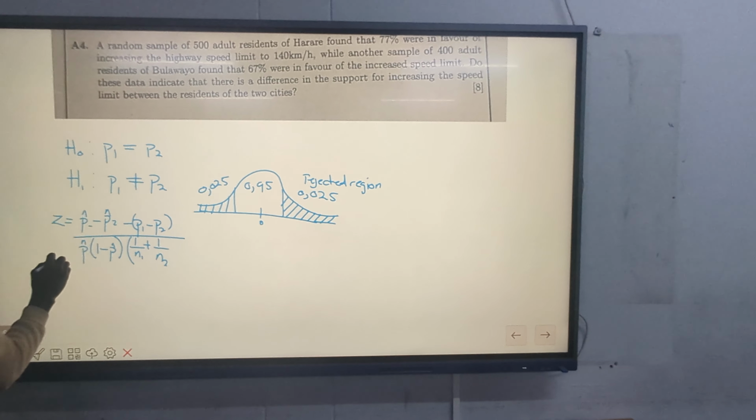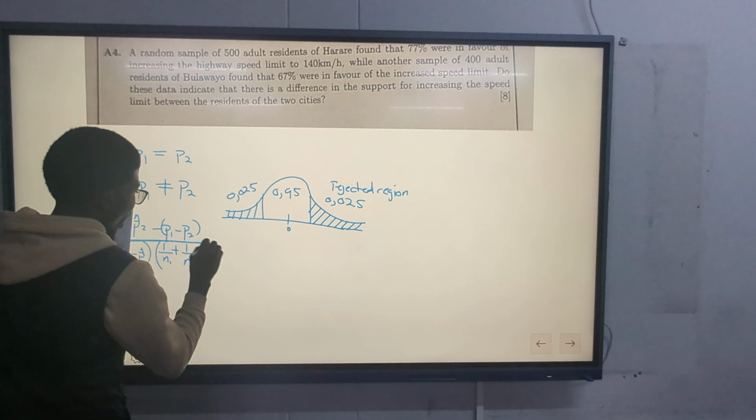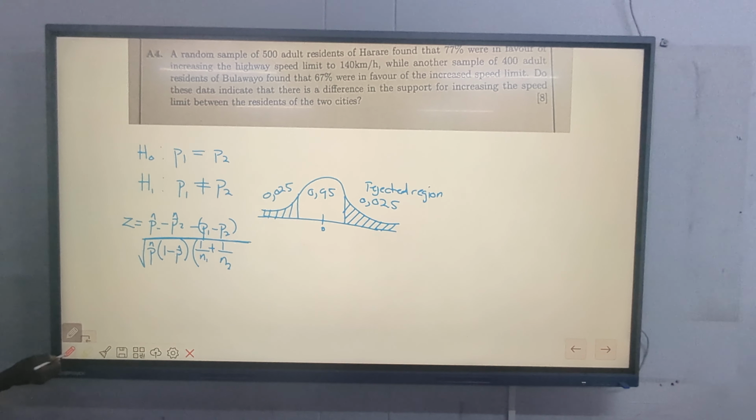That's the formula that we are going to use.